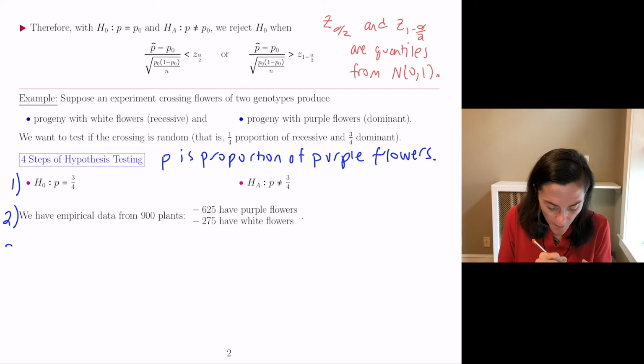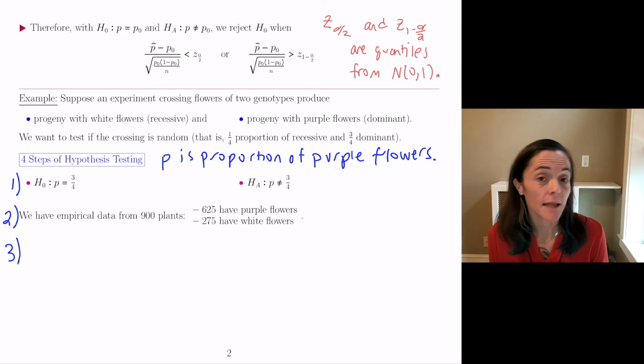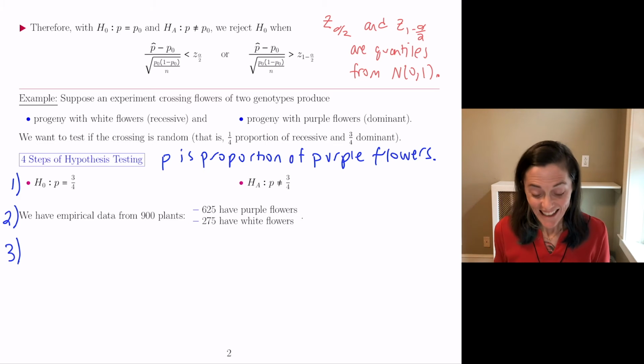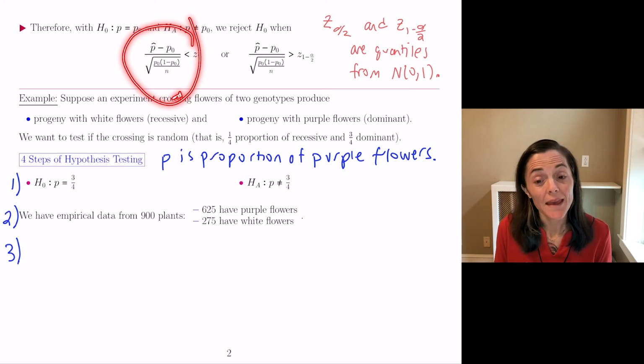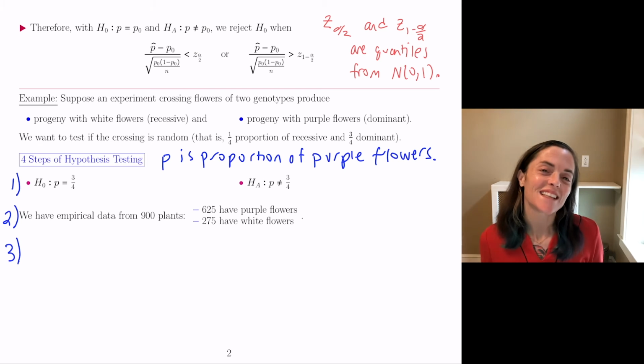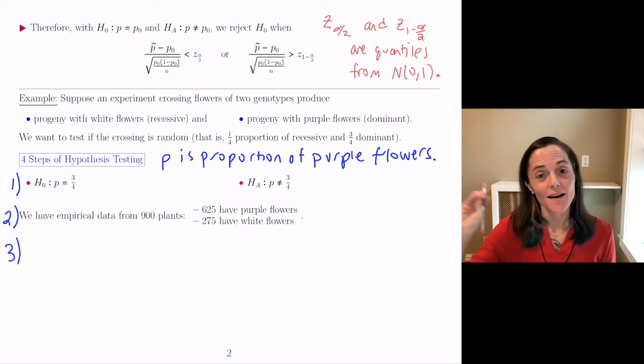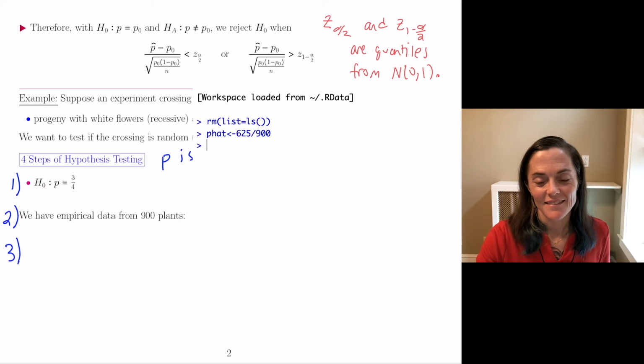Step 3 of hypothesis testing was to calculate a p-value. What we're going to use is exactly this. So our p-hat is 625 over 900, P0 is 3 over 4, and n is 900. But we will do this in R for ease of calculation.